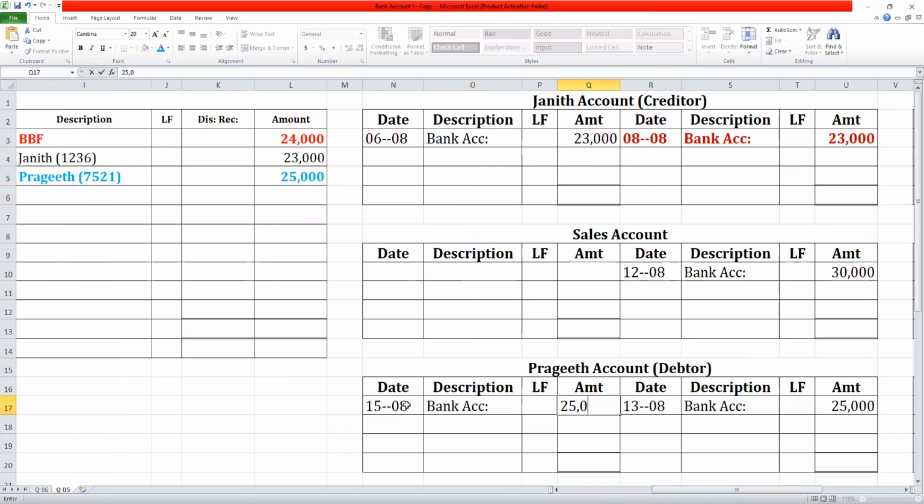Amount 25,000. Prageet account debit. Why? This receipt has not been collected by the business. It has not been received due to a dishonored check. Simple, right?